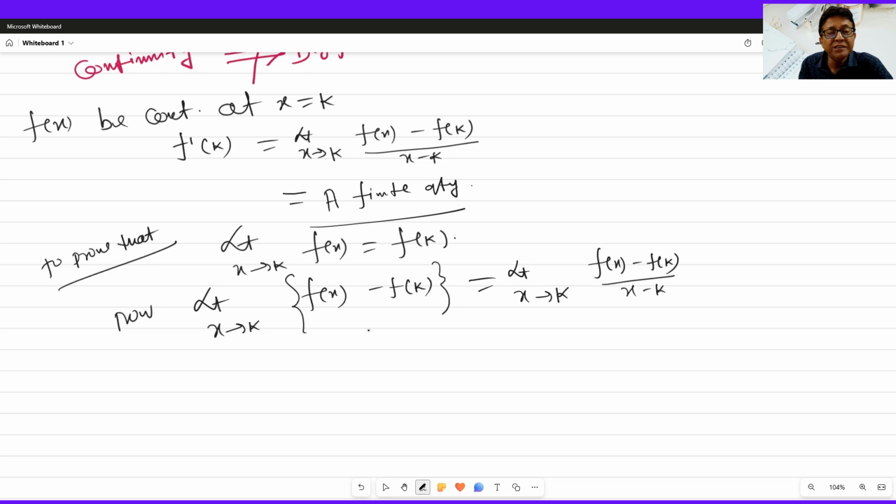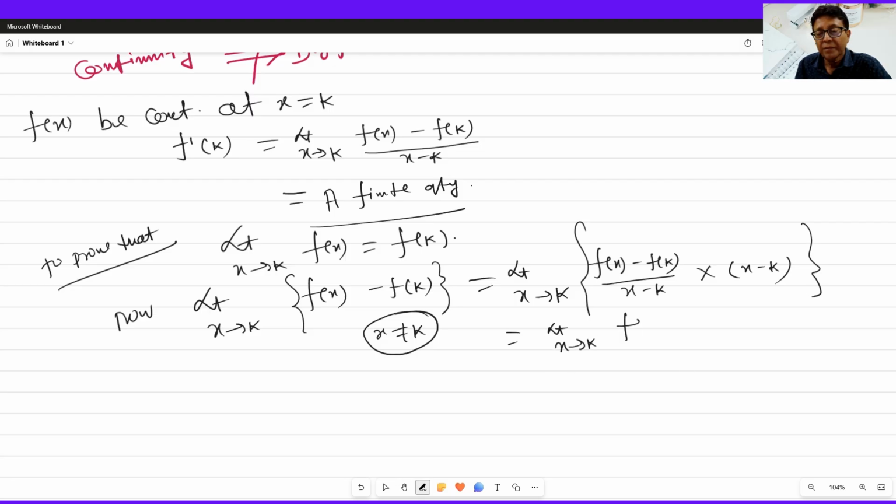Isn't it? x is tending to k, but x is not exactly equal to k. So you can divide and multiply, clear? Multiplied and divided by x minus k. So this will be f(x) minus f(k) by x minus k, multiplied by limit x tending to k of x minus k.